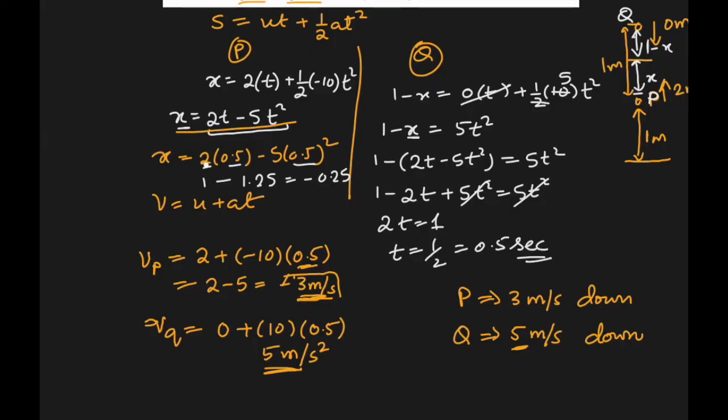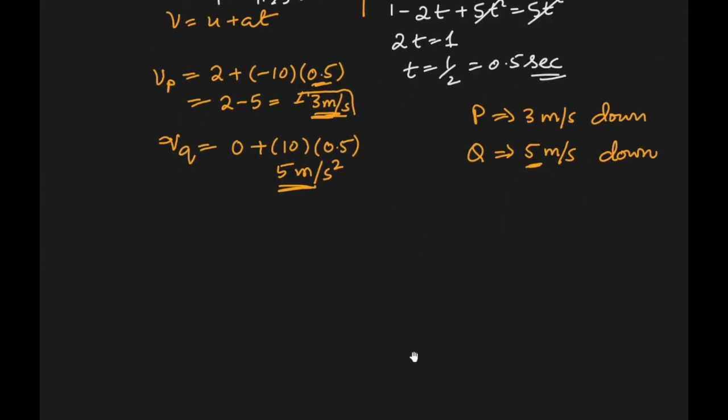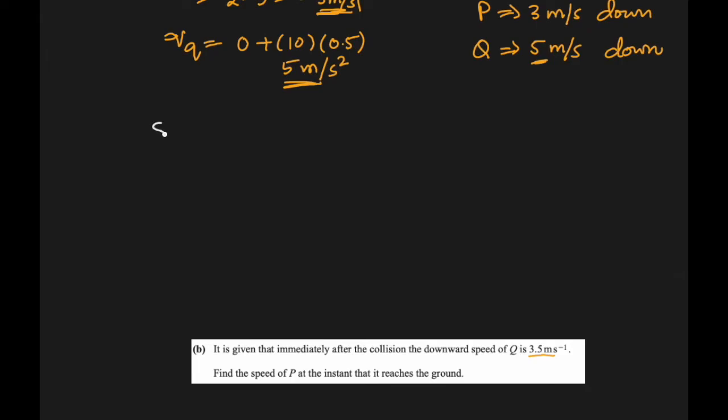Are you sure? 2 times t, 5 times this, 0.25 minus 1. Yeah. That means they don't collide above P. They collide down here, 0.25 meter down, 0.75 meters above the ground. That's where they collide. So S becomes 0.25 for us. That means, keep it in mind, S is 0.75. When they collide, they have to be at 0.75 meter above the ground. They have to cover this to reach the ground. Okay, this is what we'll keep in mind.